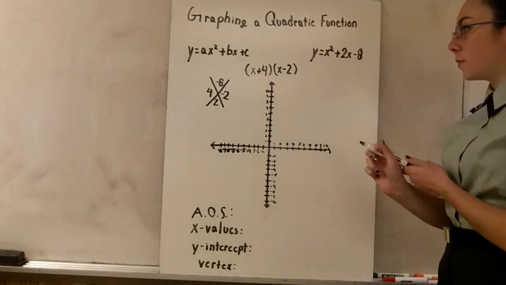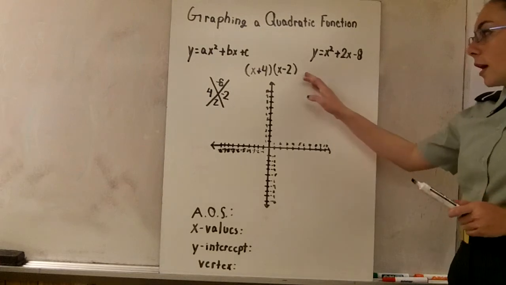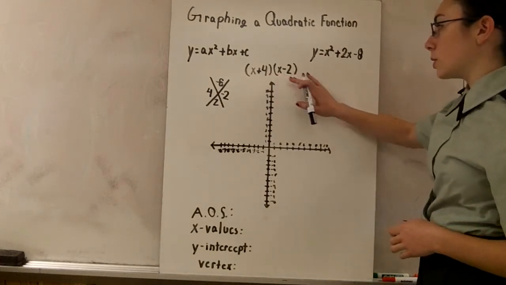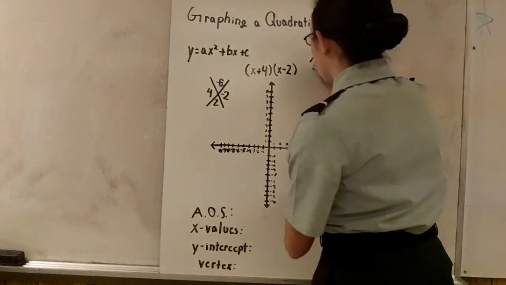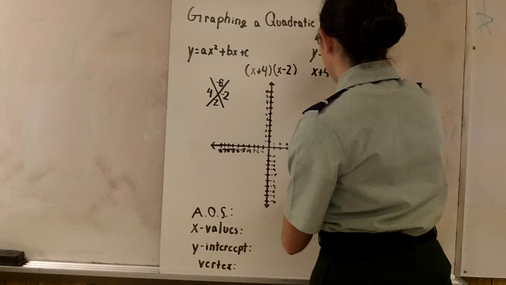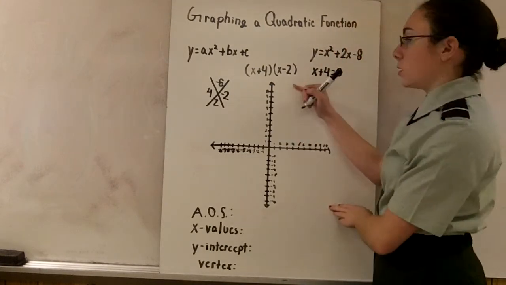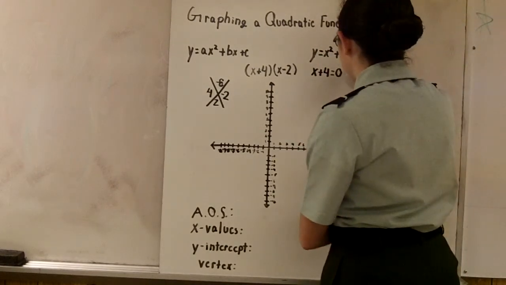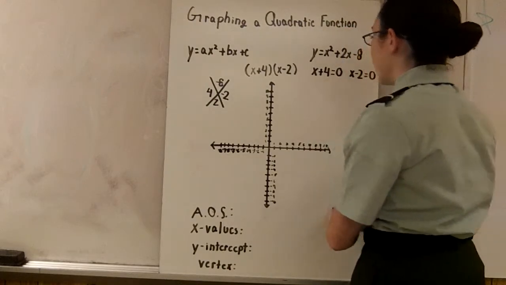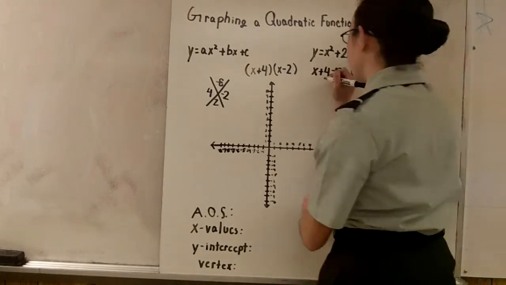And x minus 2. So that's the factored form, but to find out what the x-intercept is, we have to set both of these equal to 0. So x plus 4 equals 0, and x minus 2 equals 0. So now we just solve both of them.